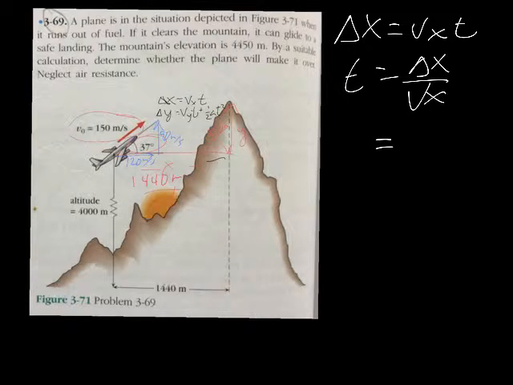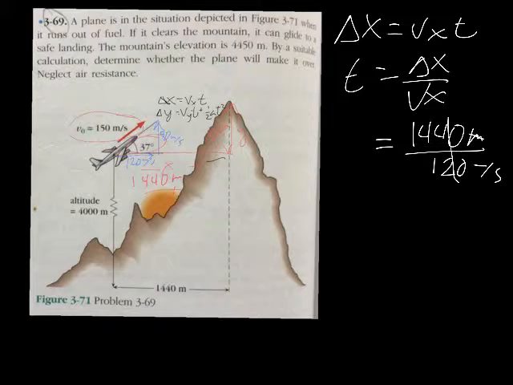That's 1,440 meters divided by 120 meters per second. Cross out the zeros, and I get 12 seconds. Everybody see how I did that? Questions? Okay.